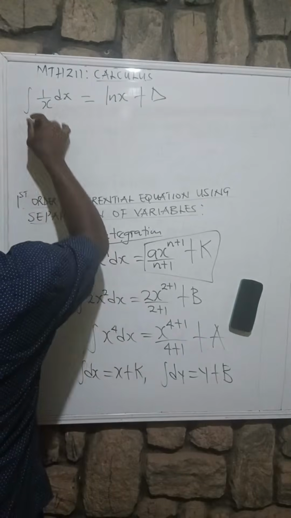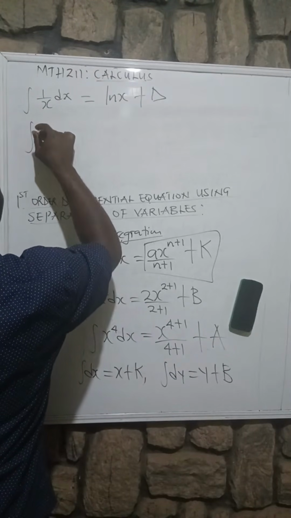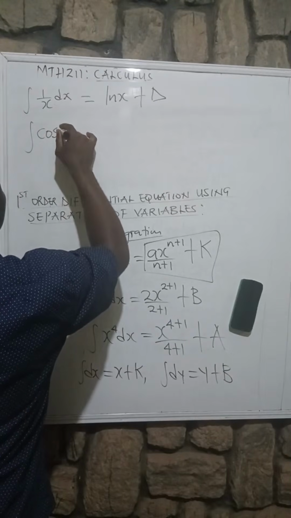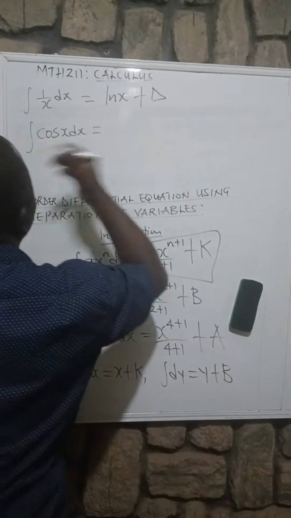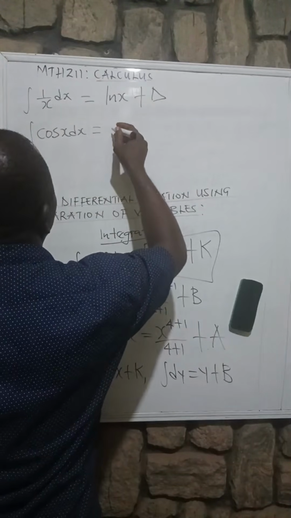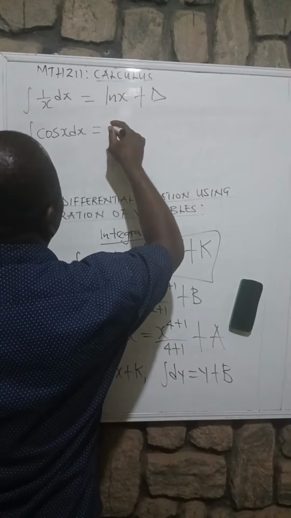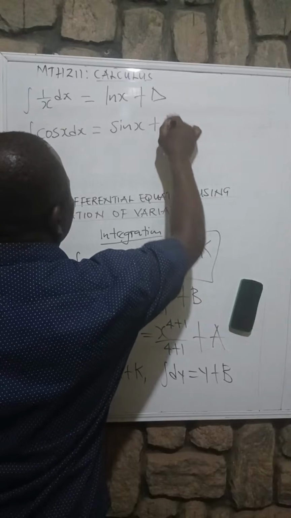Then, likewise, if you are asked to integrate cos x dx, this will give us sine x plus any constant.